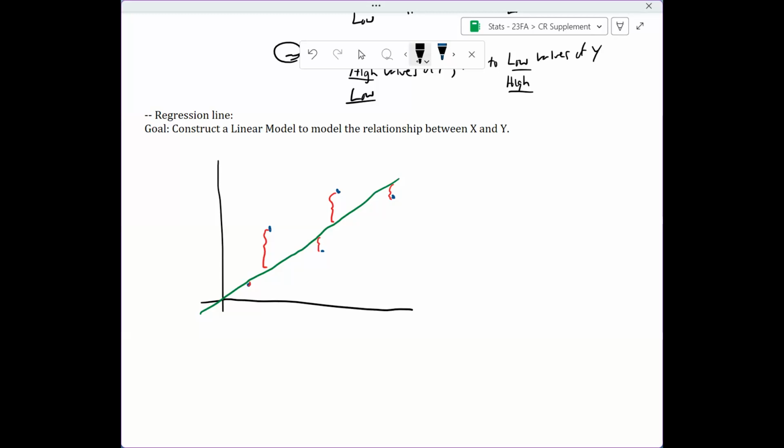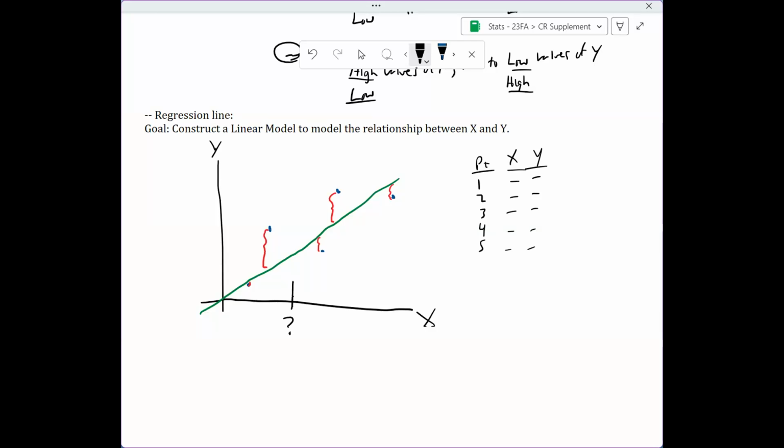So now what's the goal of my regression line? So here I have 5 points. These are my blue points here, my blue data. But what if I was interested in knowing, for this value of x, what do I think the value of y is?